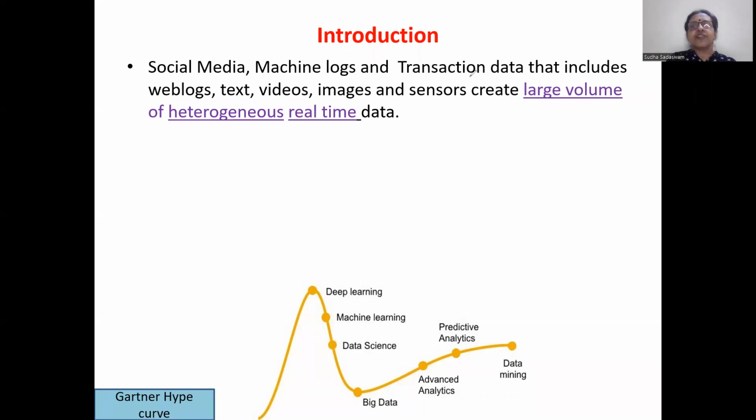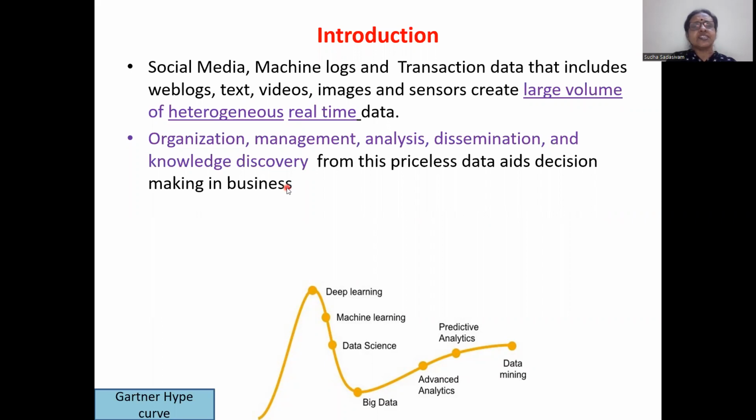This includes data from different sources. It can be of text type, video, images, and so on. The major characteristics of this data are that the size of the data is very large. It is also real-time data, and the data is from multiple heterogeneous sources.